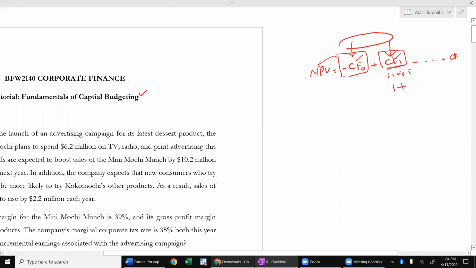And also this cost of capital is largely given. So in the next coming lectures, we will see how to estimate R. That chapter is called cost of capital. It means we have now started working on the individual inputs that used to be given. The question had that information before, but now we are calculating it.